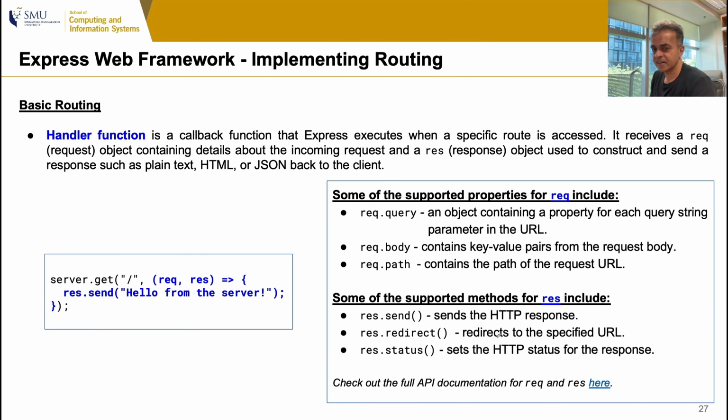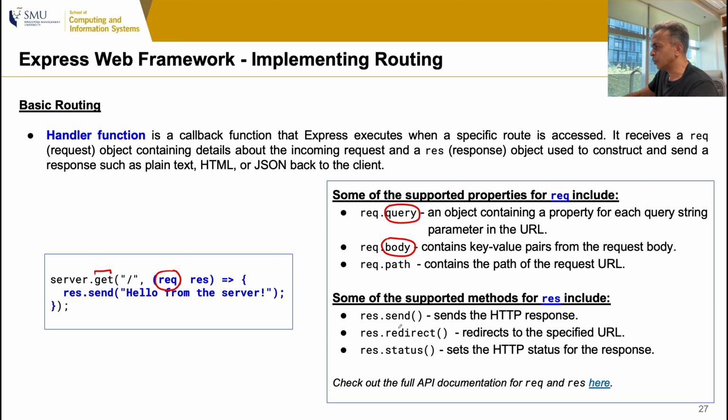Okay, the second thing that we need to know is that if it is a GET request, then the request object that you get here will contain a query property, which is itself an object. It's got a lot of information about what the query is about. And the request also has a body that contains key value pairs from the requested body.